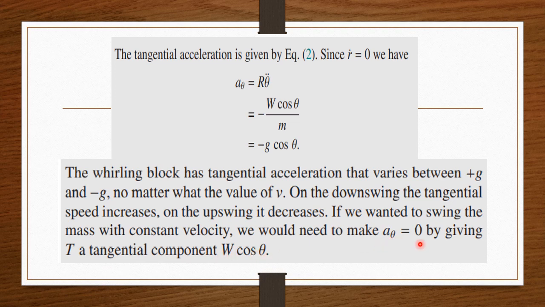By making a_theta 0, we can make the swing with a constant velocity. This is the second example. In the first example we assumed gravity to be 0, and in the second example we considered the gravitational field and the variation in the movement of the string.